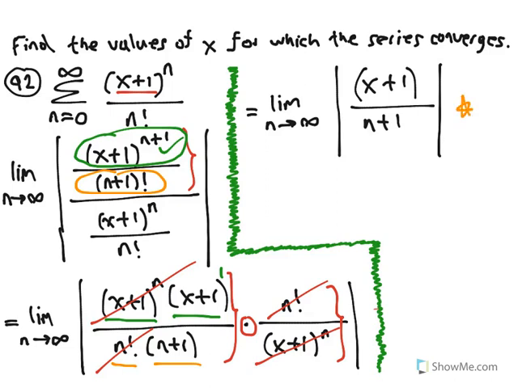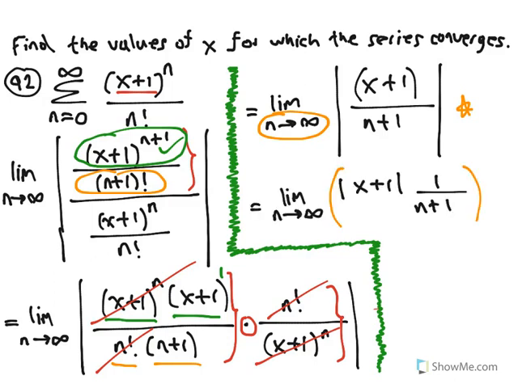And again, the important thing for us to understand is we're taking this limit as n approaches infinity, and x is a variable. It could represent some number, but once you choose x to be a particular number, no matter what that number may be, it would become fixed. And with respect to n, x is a constant. Furthermore, I only need to put the absolute value around the x plus 1, because n is going to infinity, so 1 over n plus 1 will be positive.